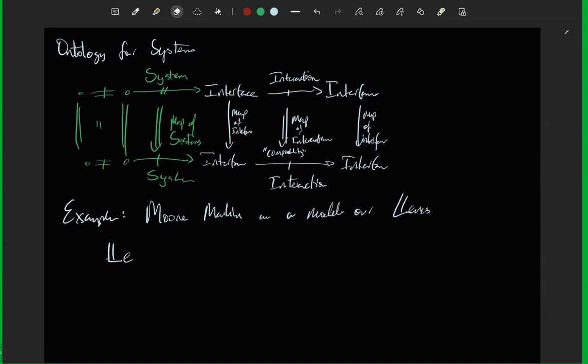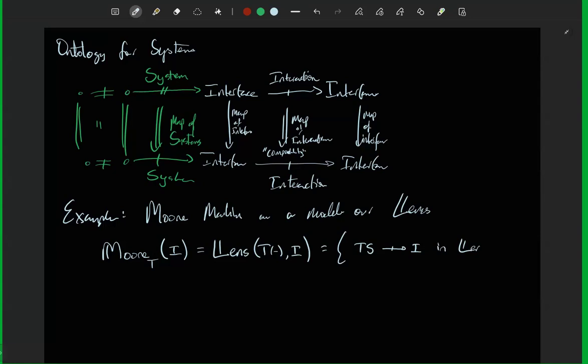So we're going to define a Moore machine for the tangency T over some interface I by definition to be the lenses from T of some space S to I. So this is going to be the set of all lenses TS to I in Lens.